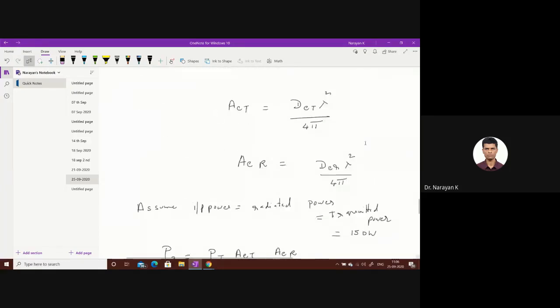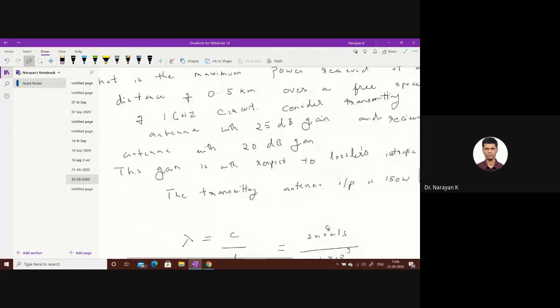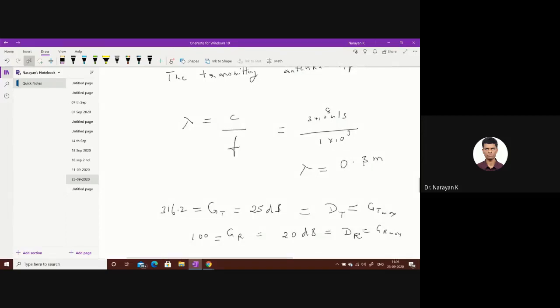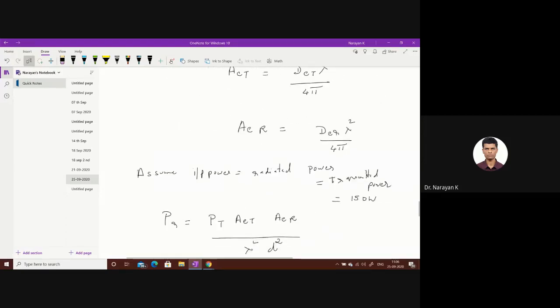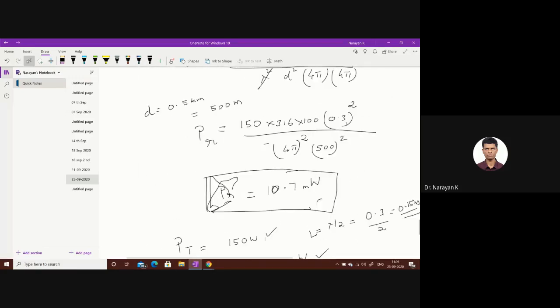Now what is the only way I can increase this? Suppose wavelength is 0.6. What happens here? If lambda is 0.6, can you tell me what will be the power received? Here you substitute 0.6.